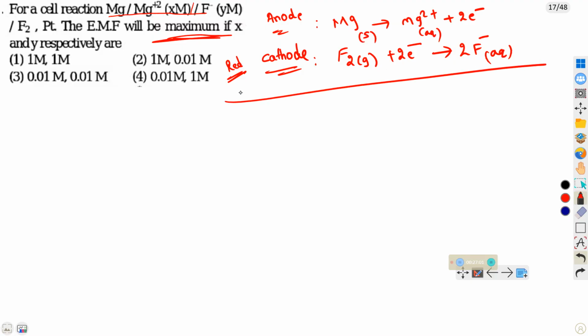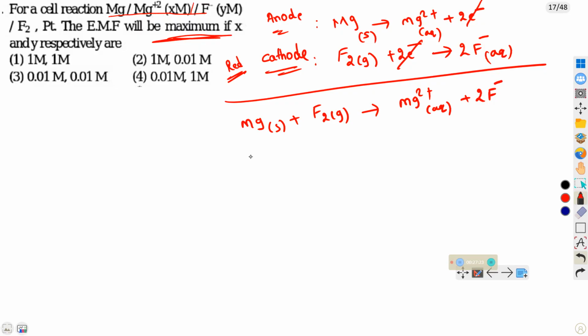So the overall cell reaction is Mg plus F2, the 2 electrons get cancelled, giving Mg2+ plus 2F-.